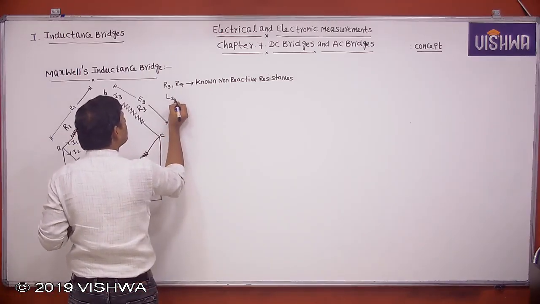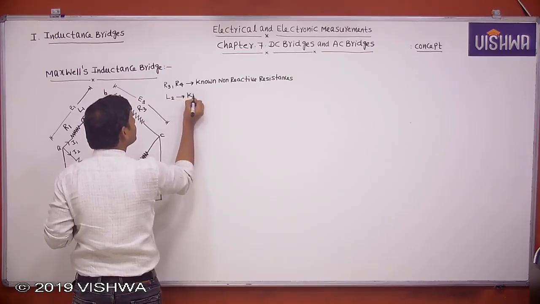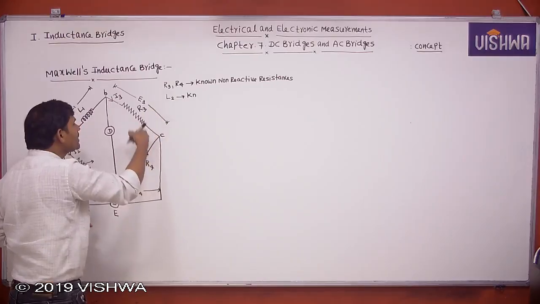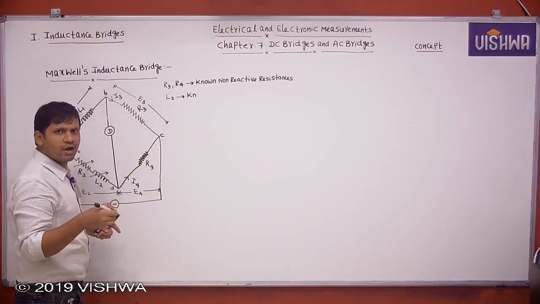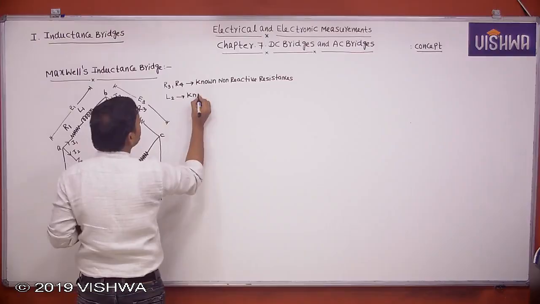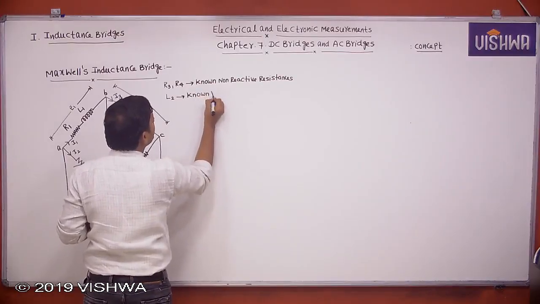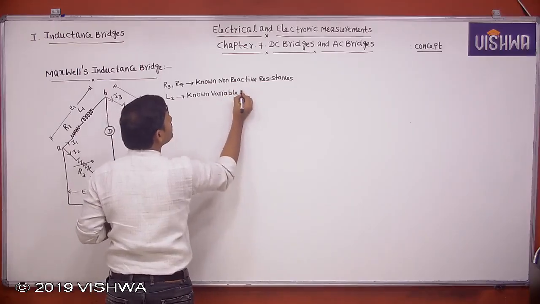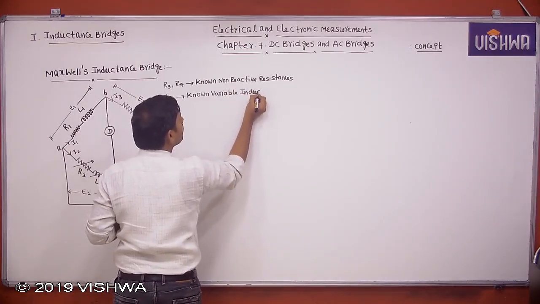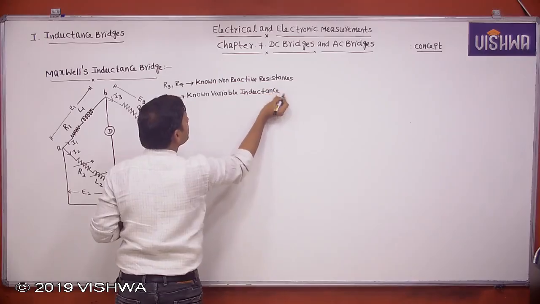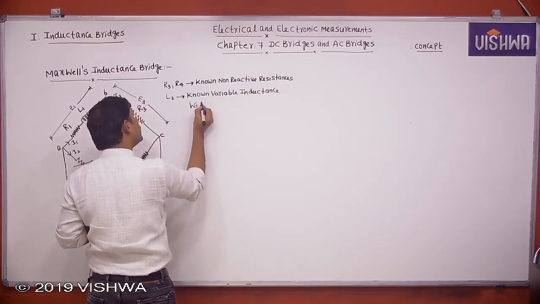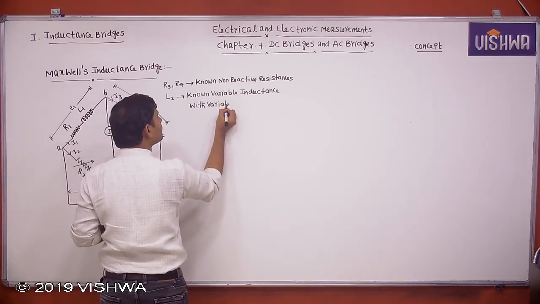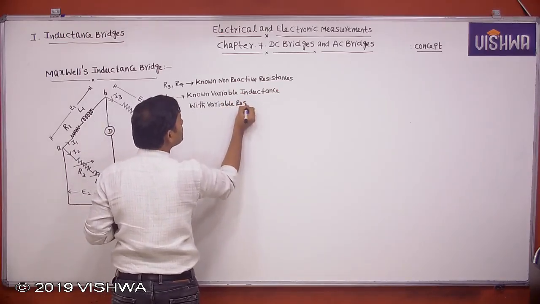Non-reactive means there is no inductance or capacitance in this arm. That's why they are non-reactive resistances. L2 is a known variable inductance, with variable resistance R2.